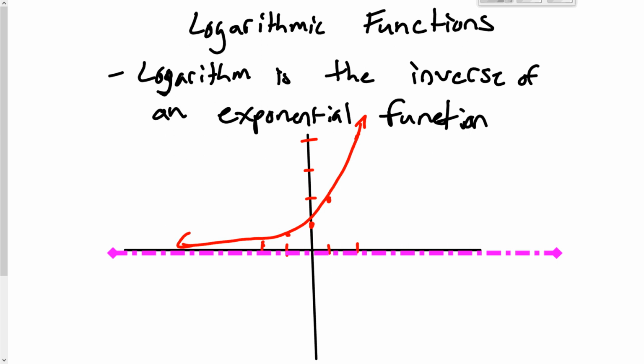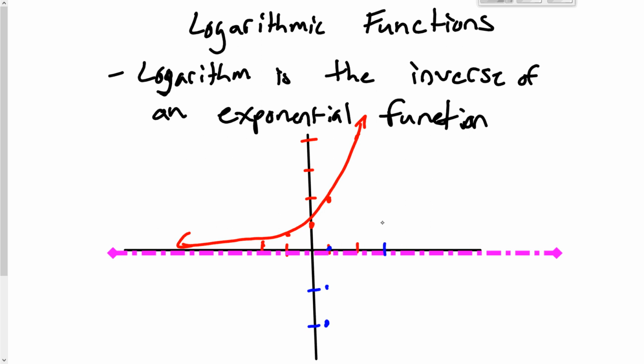So this time I go 1/4, and I go down 2. I go 1/2, and I go down 1, and then I go 1 to 2. Or sorry, 0, 1.